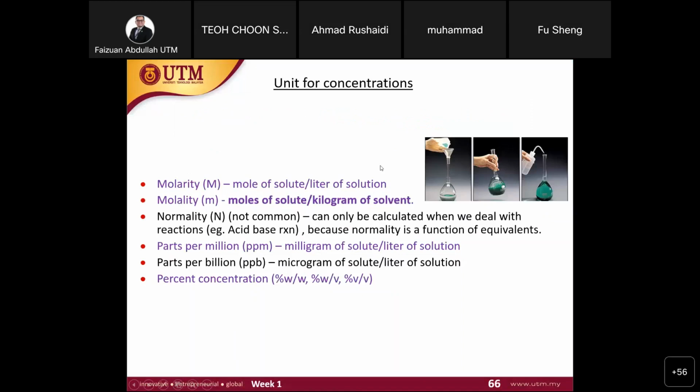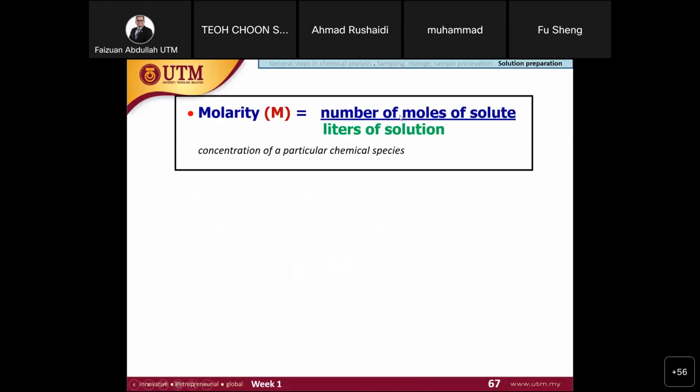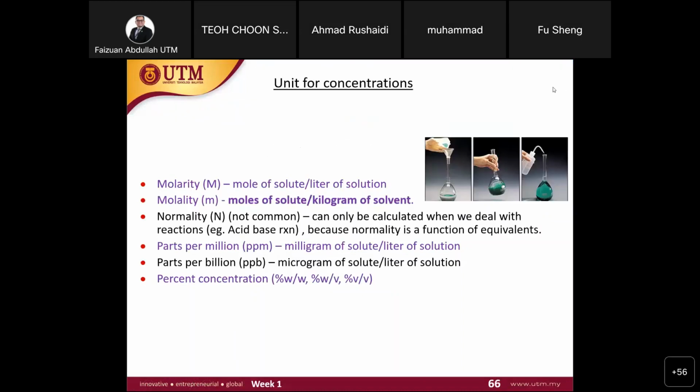All right. So we have several units in concentration. The molarity, which is the mole of solute divided by the liter of solution. The molality, the mole of solute divided by the kilogram of solvent.